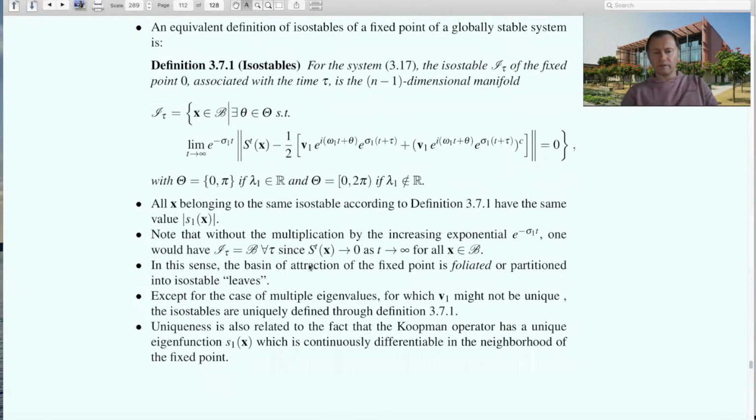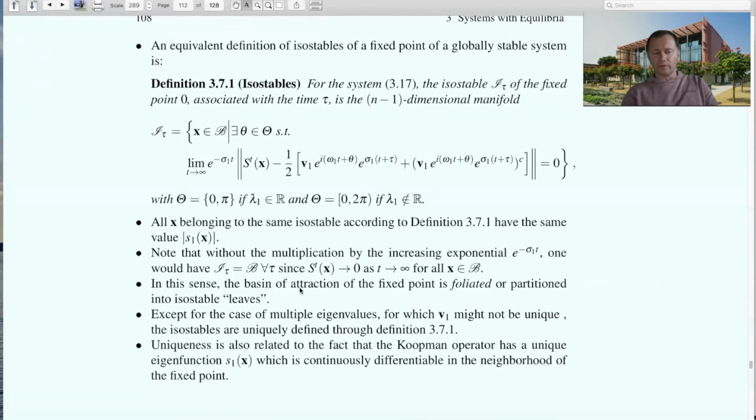So as I've drawn before, what this means is that the basin of attraction of the fixed point is foliated or partitioned into isostable leaves. So again, we get an invariant partition of the type that I've drawn before, that the dynamics just kind of squishes down into the fixed point. Except in the case of multiple eigenvalues, in that case, V1 might not be unique. The isostables are uniquely defined through this definition.